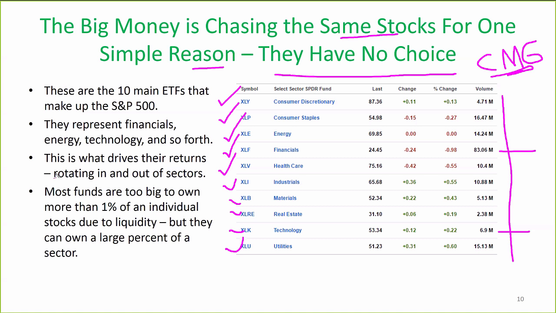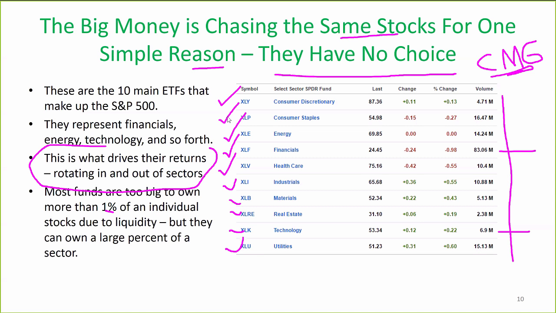So what happens here is that this is what drives their returns, is they're rotating in and out of sectors versus loading up on a stock. Funds are so big, they can't even own more than like 1% of an individual stock due to liquidity. So a fund could have owned Amazon for the last 2 years, but it only represents 1% of their entire portfolio. So it's not going to actually have a huge impact, okay?